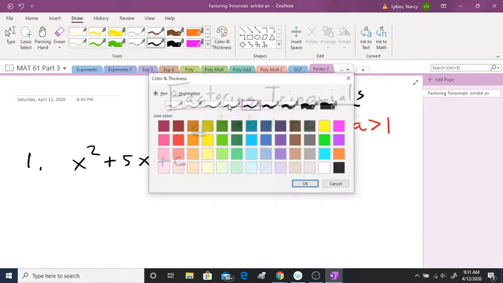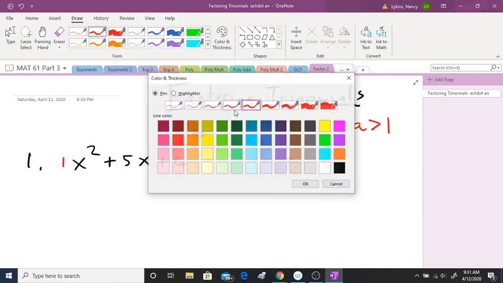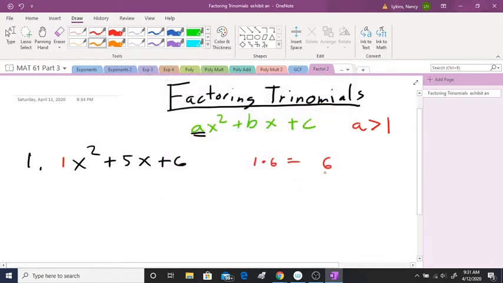now, in this case, the a is 1. So you'd say 1 times 6 is 6. And then what are all factors of 6? 3 and 2, and also 1 and 6. Now, since you got a plus 6 right here, that means that your answers have to be all positive or all negative, depending on the sign of your middle term, 5x, which is positive.